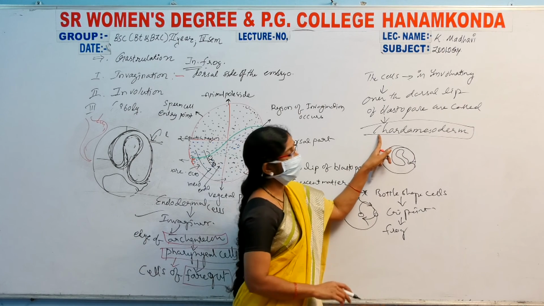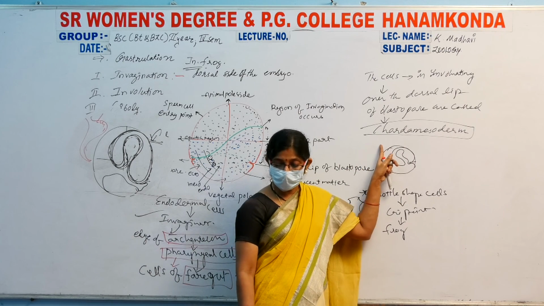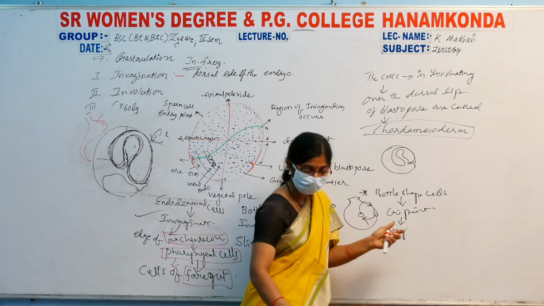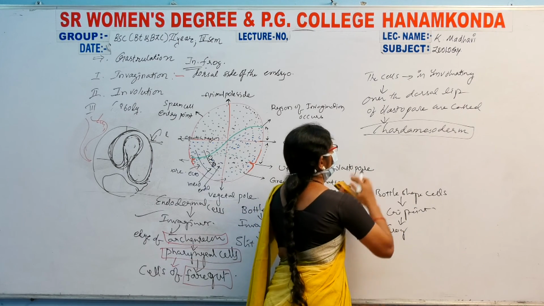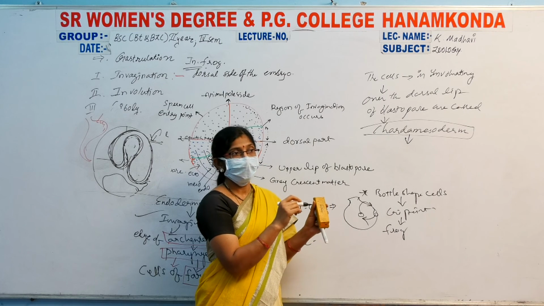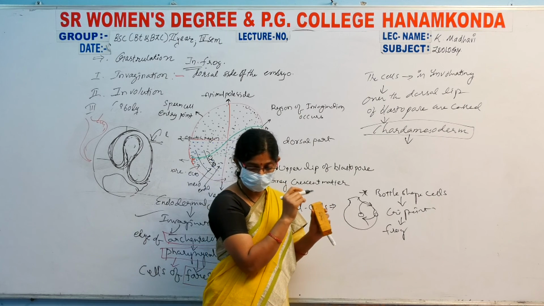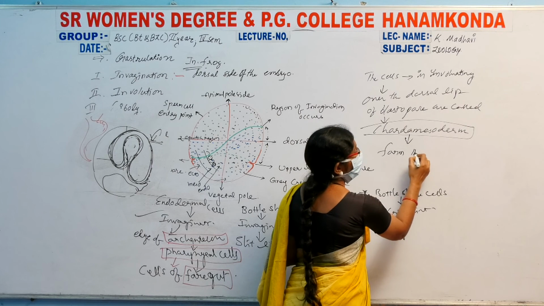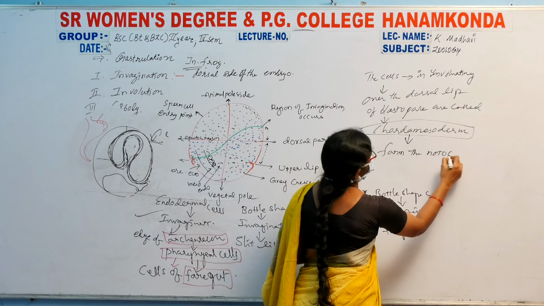Right now, here the chordamesoderm. The chordamesoderm cells can help in forming the notochord.